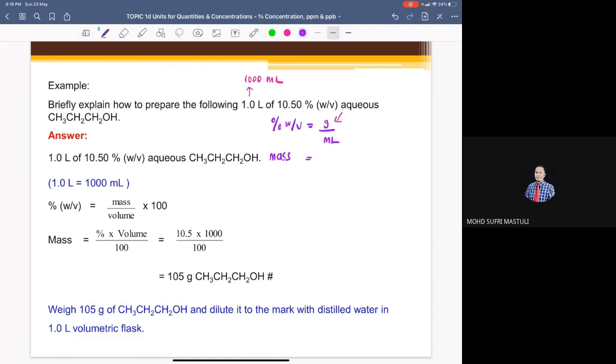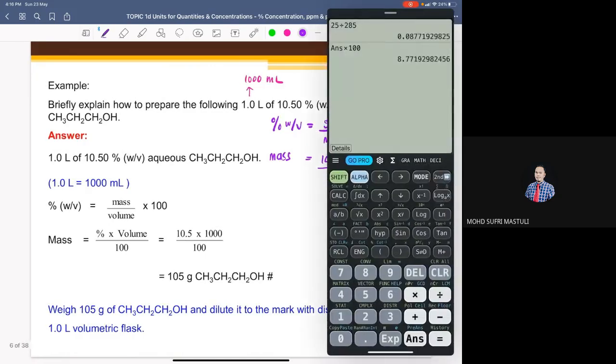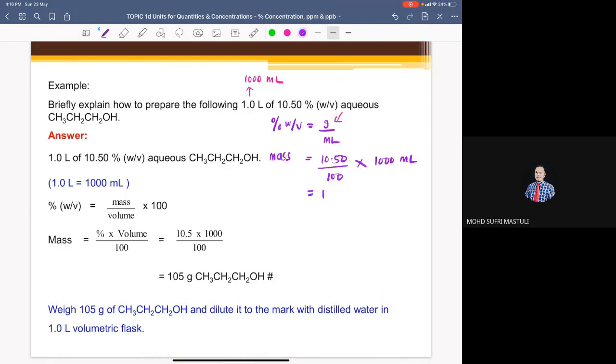So 10.5 over 100 times 1000 ml. So 10.5 over 100 times 1000, 105 gram.